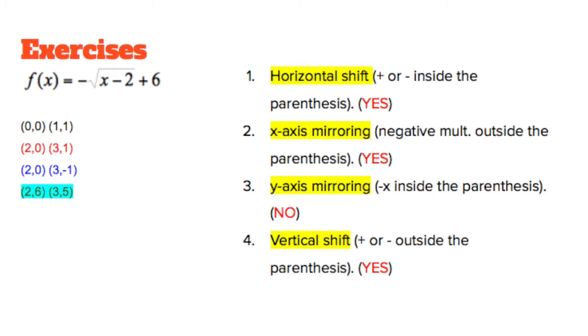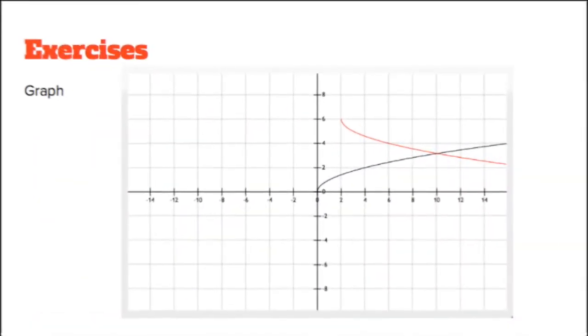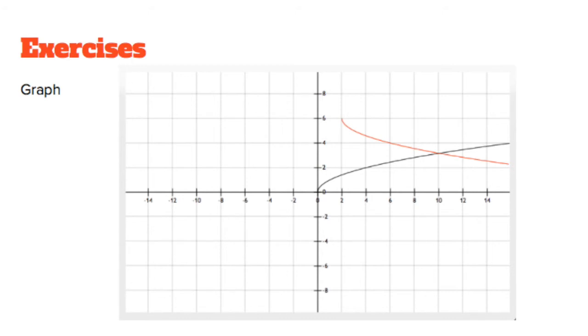We have +6, so that means that you have to add 6 to the y coordinate, and your graph will move 6 up. Your final coordinates are 2, 6 and 3, 5. Now let's see how the graph of this function looks. Now you can see how the original graph looks like and how it transforms.